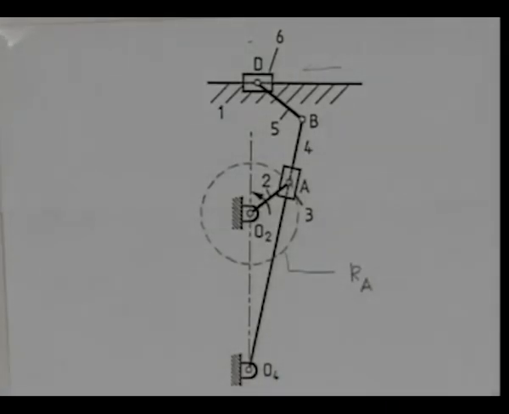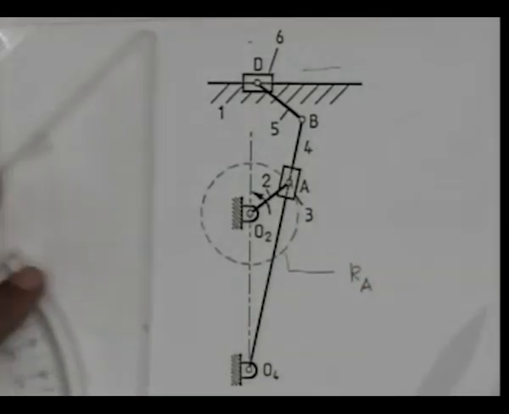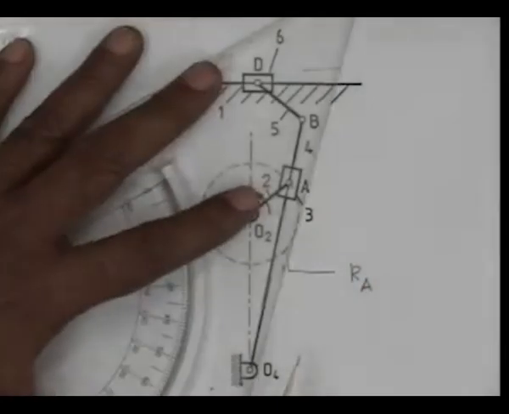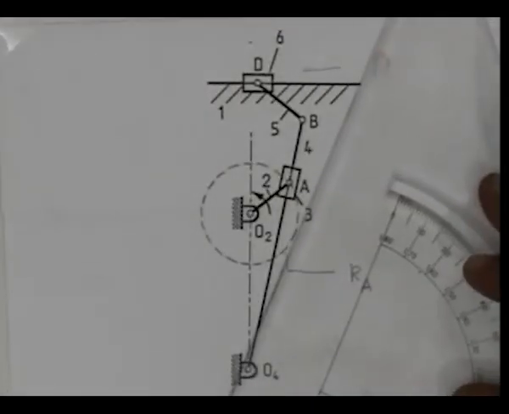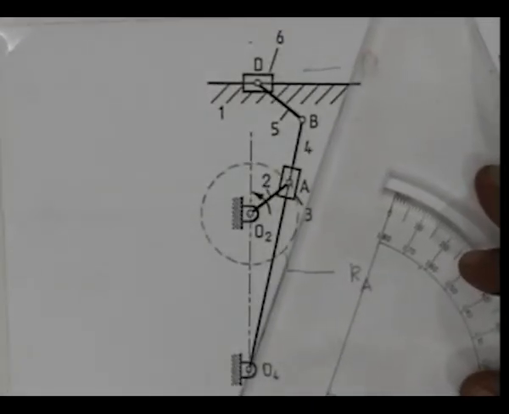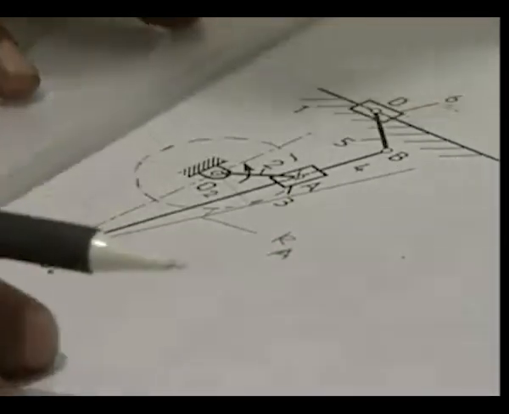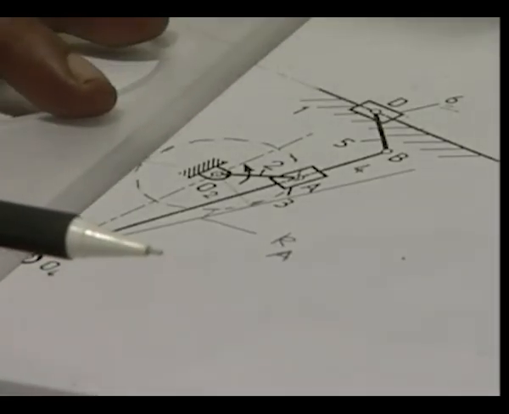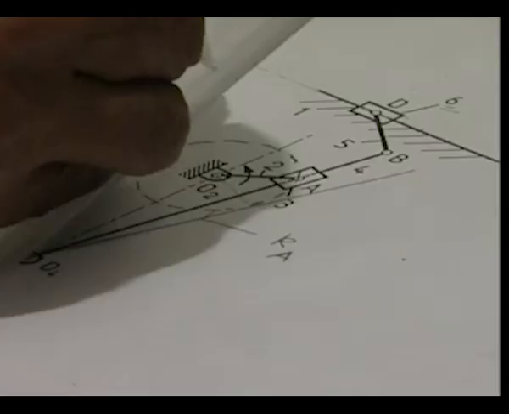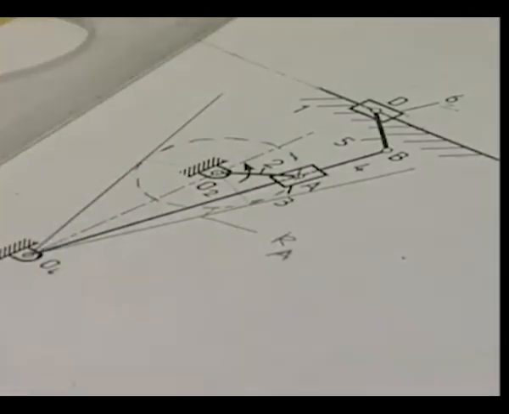To locate the extreme positions of the slotted lever, that is this link 4, I draw two tangents from the point O4 to this circle KA. This is the tangent to the right, and similarly this is the tangent to the left.